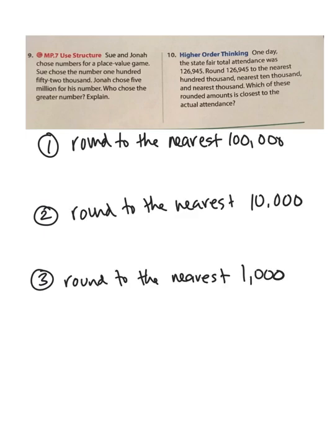We need to round it to the nearest 100,000, round it to the nearest 10,000, and then round it to the nearest 1,000. And then it asks us to think about which of these rounded amounts is closest to the actual attendance. Okay, so this question has 4 different things that it's asking us to do.